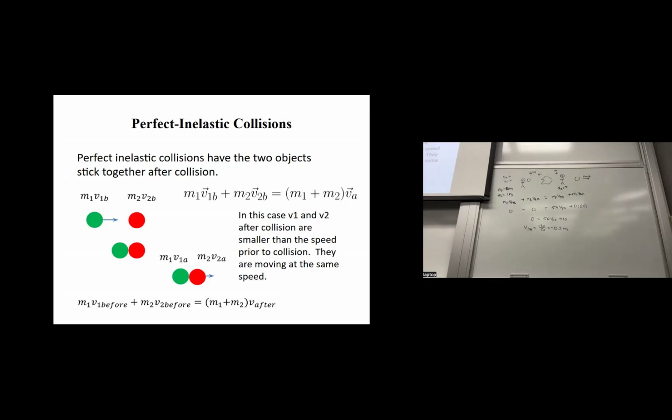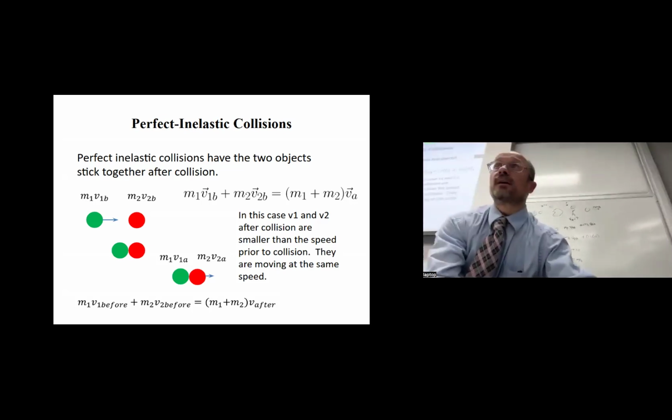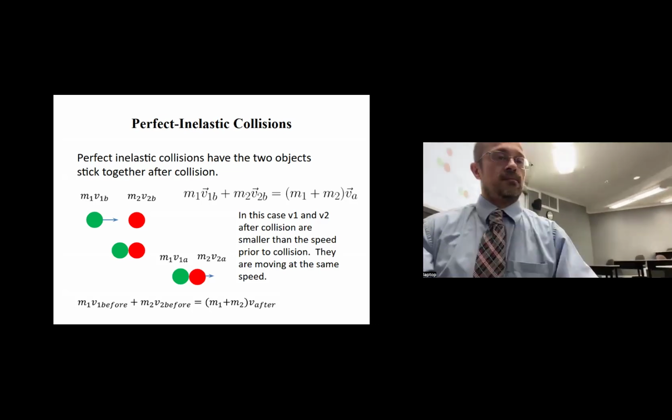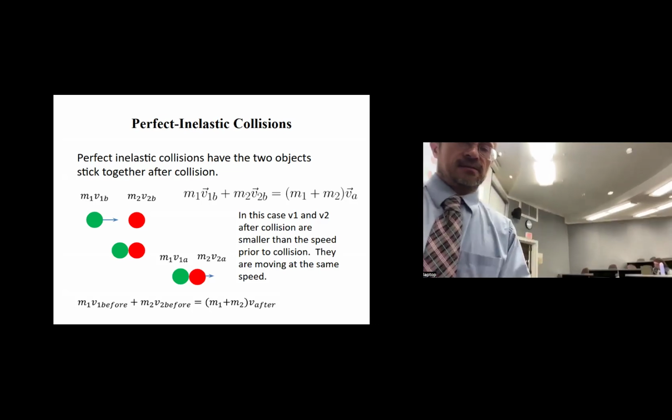Now we can say that this equals M1 V1 after plus M2 V2 after, because that's our true momentum conservation. But when we look at the collision, we have to think about this.